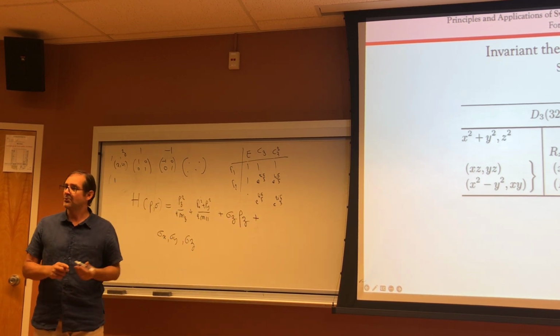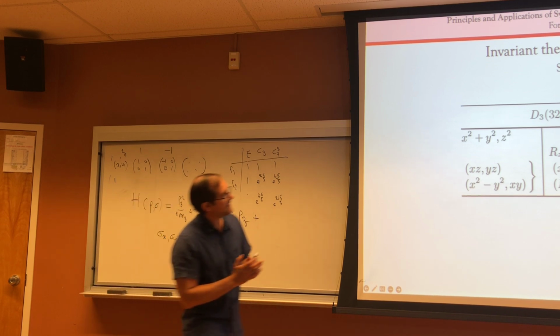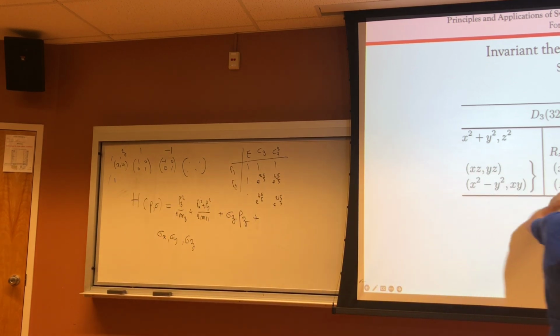Now let's look at x and y. Sigma x and sigma y, that's my axial vector, fall into the E representation. So it's a two-dimensional representation. If I want a one-dimensional representation, I need to multiply this by something that also belongs to E. Then I have two two-dimensional vectors projected on each other, and I'm going to have a one-dimensional object.